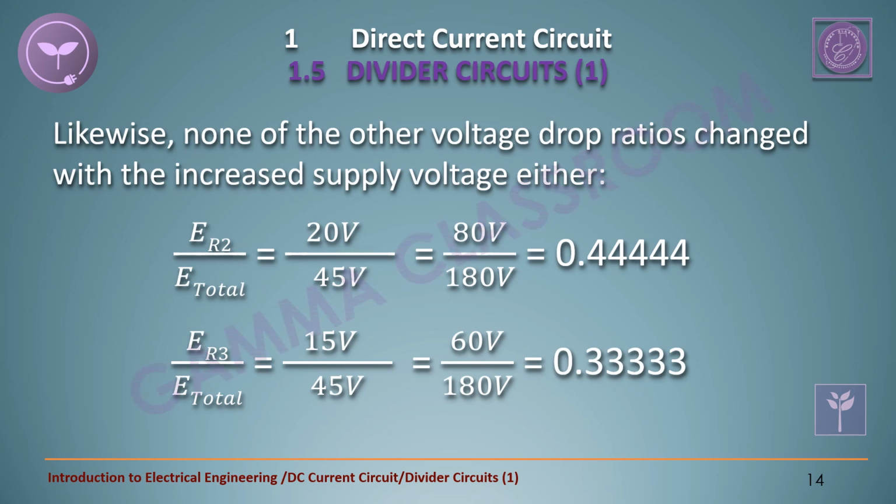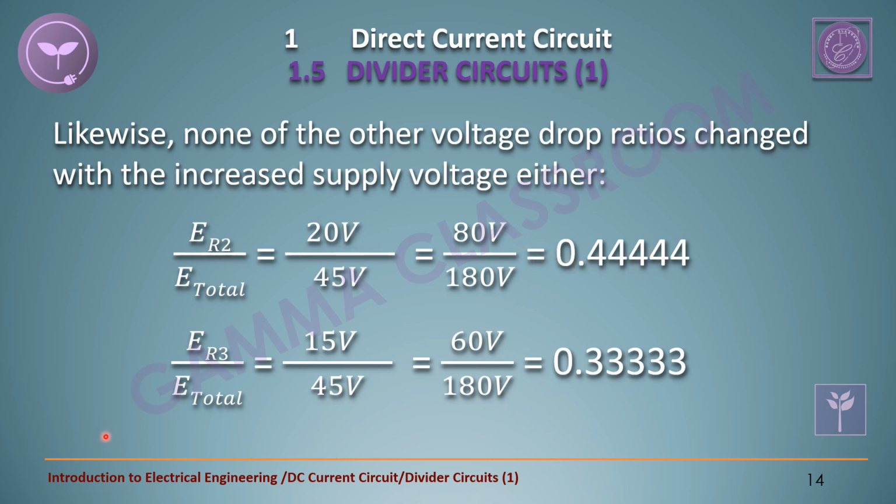Likewise, none of the other voltage drop ratios changed with the increased supply voltage either. In R2, the ratio of the voltage drop across R2 to the total voltage is 20 divided by 45, which is the same as 80 divided by 180, equal to 0.444.